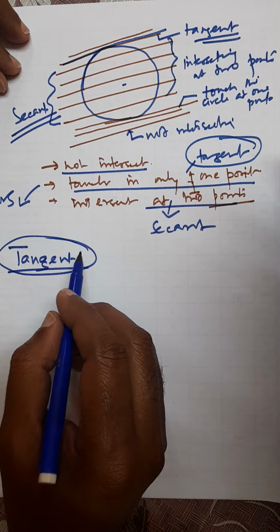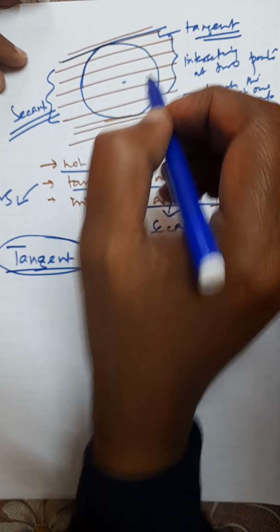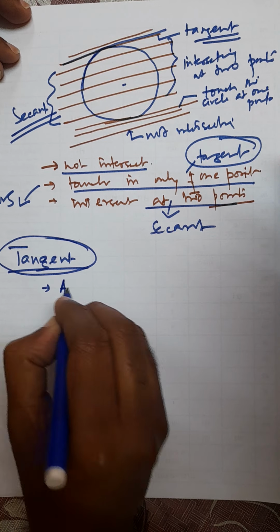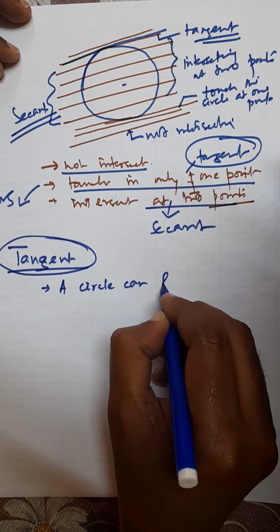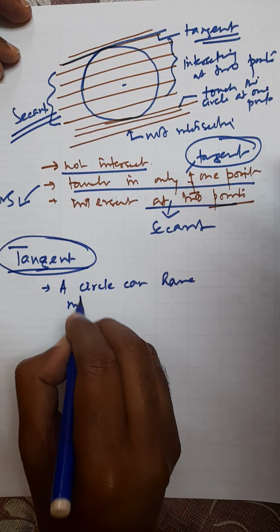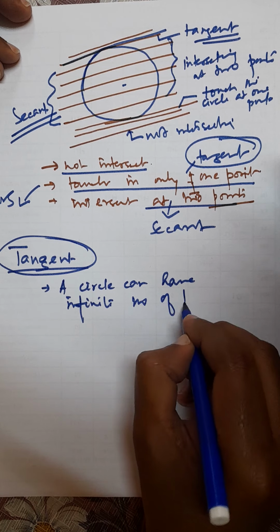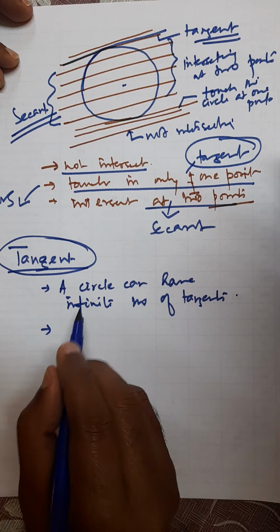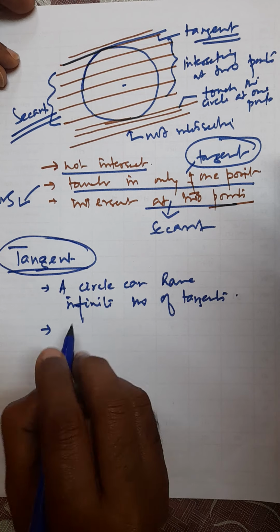So how many tangents can we draw? Since there are infinite number of points on this circle, infinite number of tangents we can get. A circle can have infinite number of tangents.